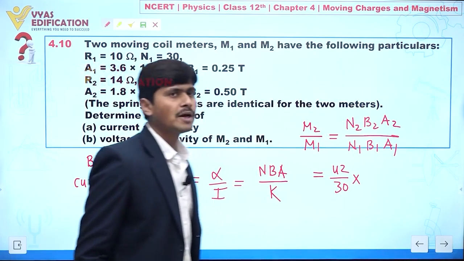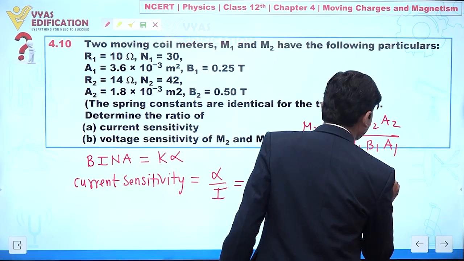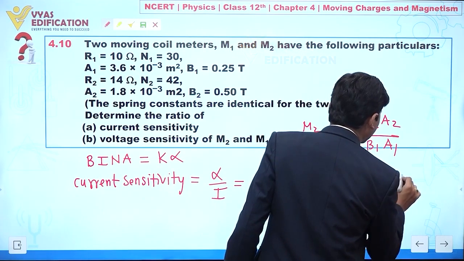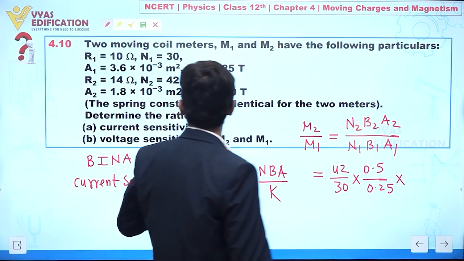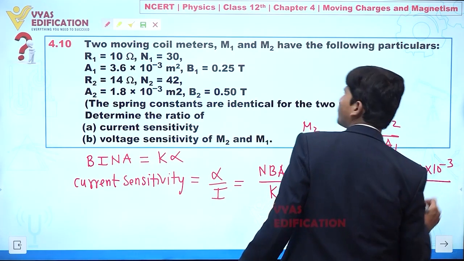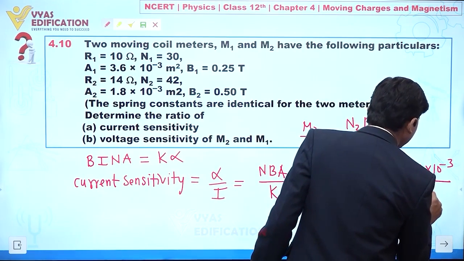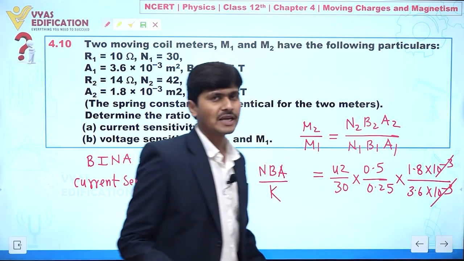B2 by B1: B2 value is given as 0.5 and this is 0.25. Then A2 by A1: A2 is given as 1.8 into 10 to the power minus 3, divided by 3.6 into 10 to the power minus 3. This one and this one cancel out.